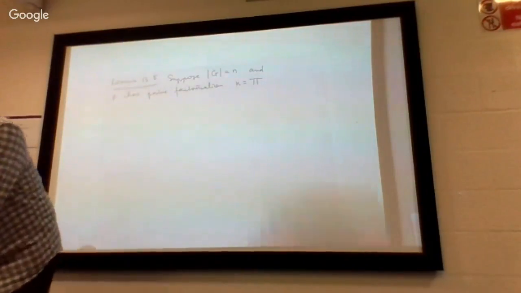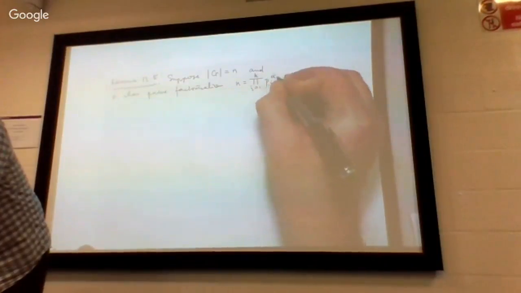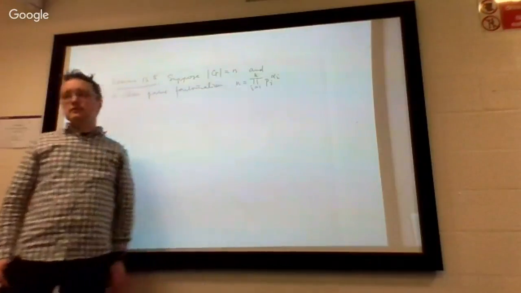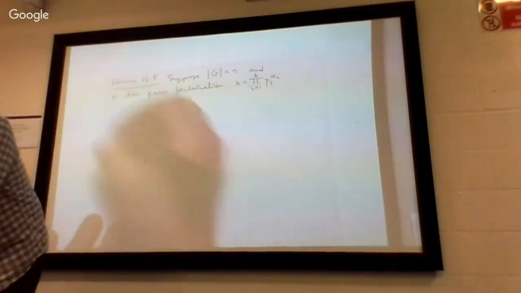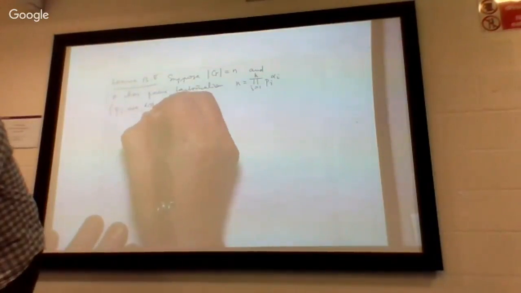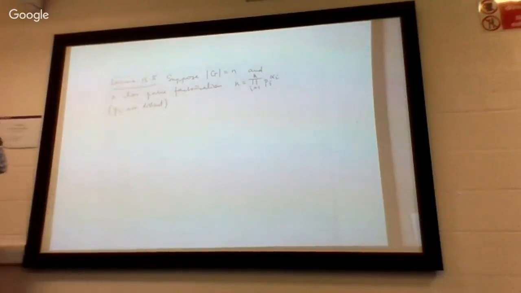Well used to seeing that in number theory, the prime factorization of n. In particular, note here that the p_i are distinct. P1 is different from P2, is different from P3, etc. They're just the various prime factors that n has, each appearing to certain powers.